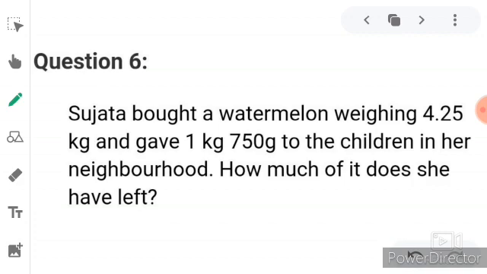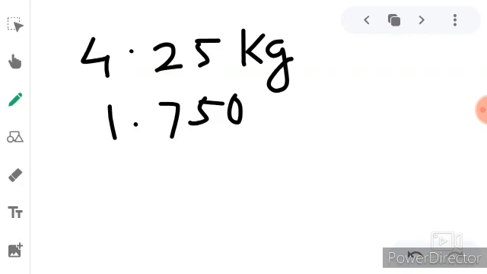How much of it does she have left? So we will have to do the subtraction over here. So subtract. Here you can put 0 also.